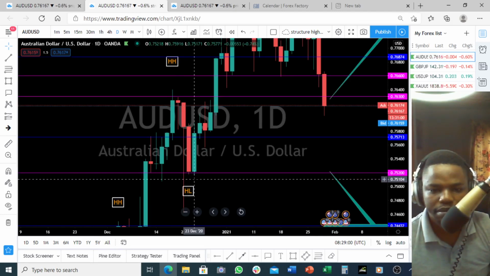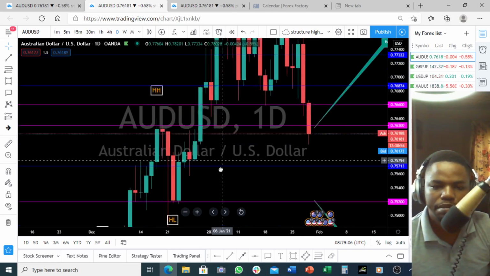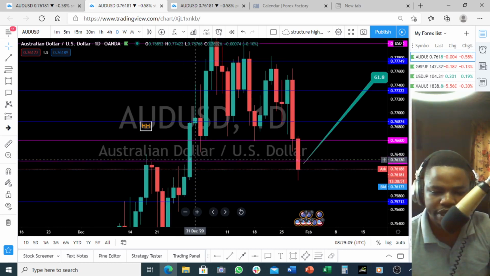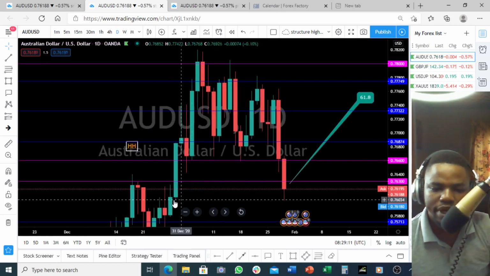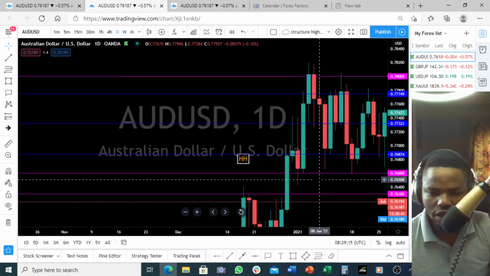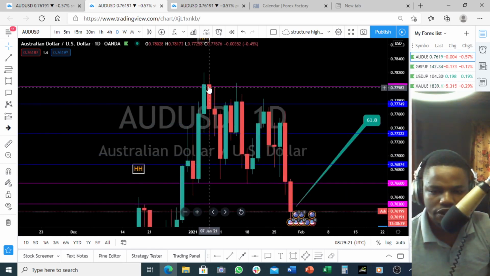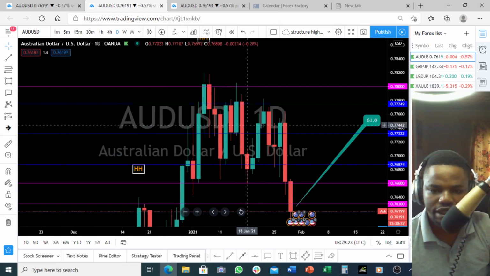Then again, price came to this area, rejected, bounced, broke. Now price broke this area. As price broke this area, it found some level of support here. You see? Then it bounced, found resistance here, then kept on bouncing.